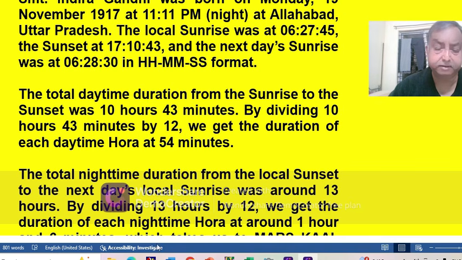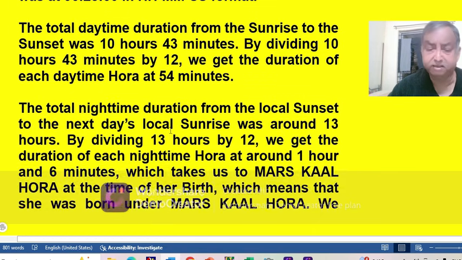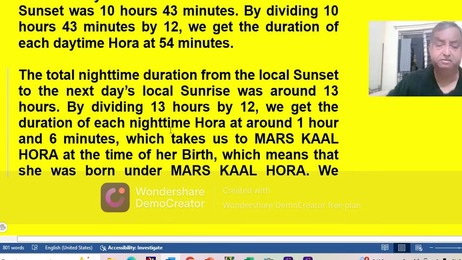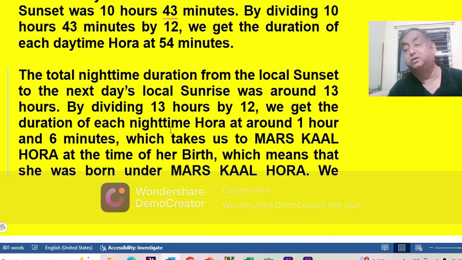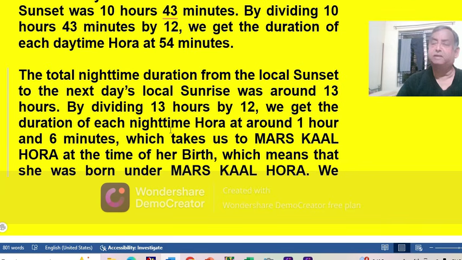The total nighttime duration from the local sunset to the next day's local sunrise was around 13 hours because it was winter. The night was bigger than the day hours. Duration of the night was longer than the duration of the day because November is winter.